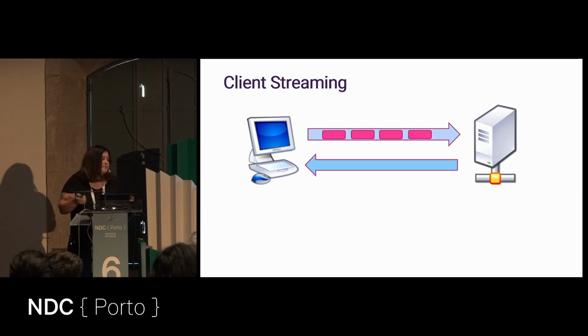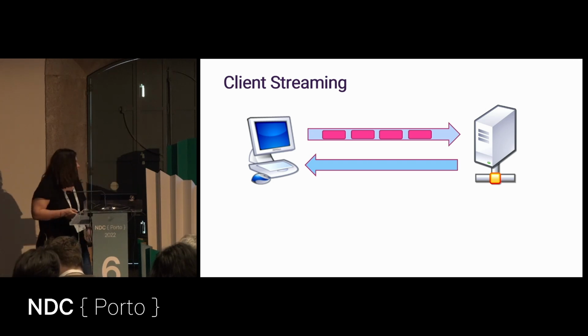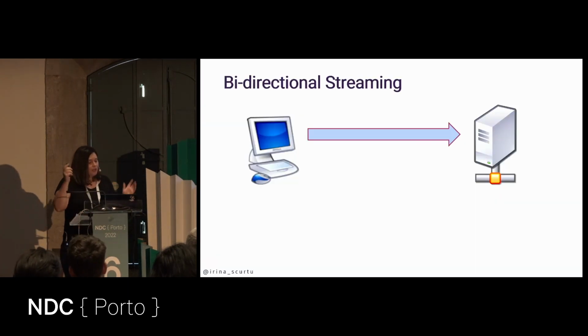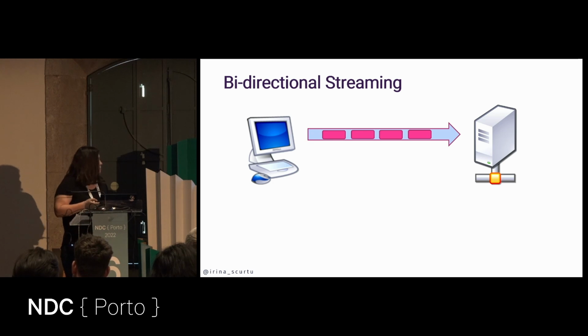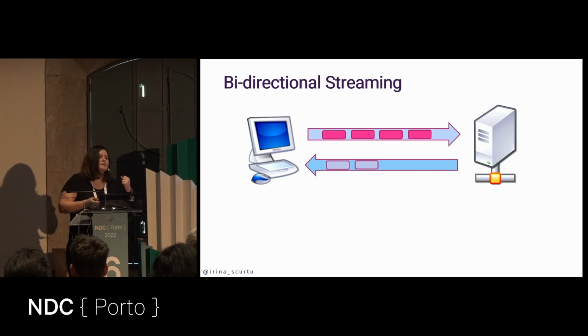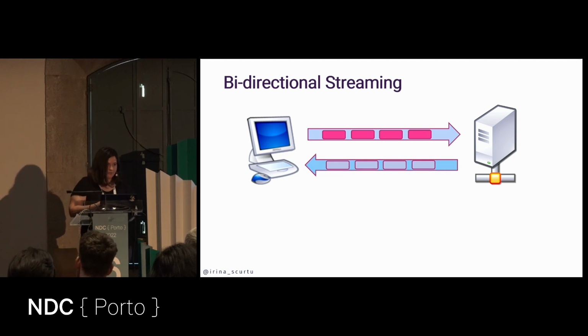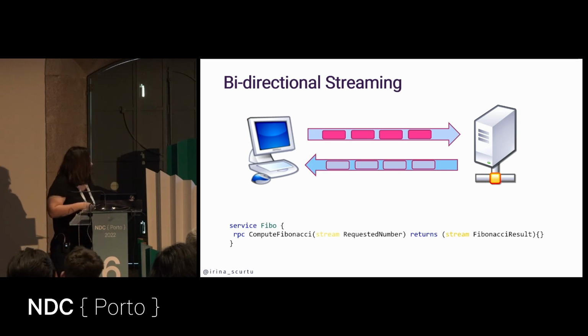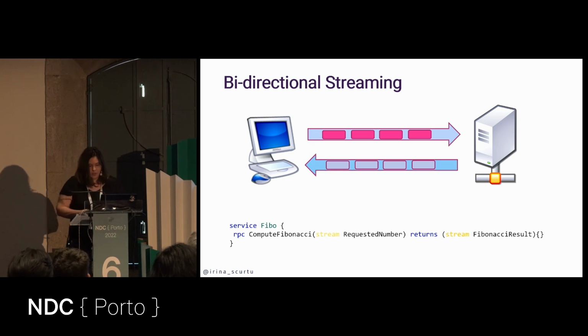Getting data from sensors, maybe. Something that sends several pieces of data somewhere in the cloud, maybe. So, to collect data. And bi-directional streaming, a combination of the two. The client sends several chunks to the server and gets several chunks back from the server over one connection. How does it look? Well, by having the stream keyword added at the input and the stream keyword added at the result.